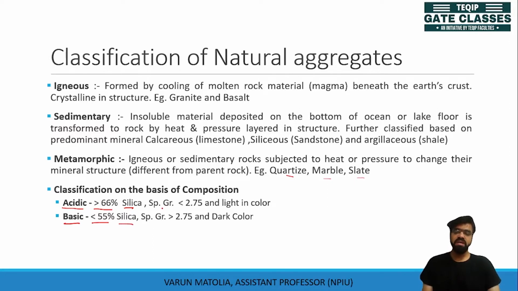The specific gravity of an acidic aggregate is less than 2.75, and the specific gravity of basic aggregate is more than 2.75. So if we compare these two types of aggregate, acidic aggregates are comparatively less dense and basic aggregates are comparatively more dense. Acidic aggregates are light in color, whereas the basic aggregates are dark in color.